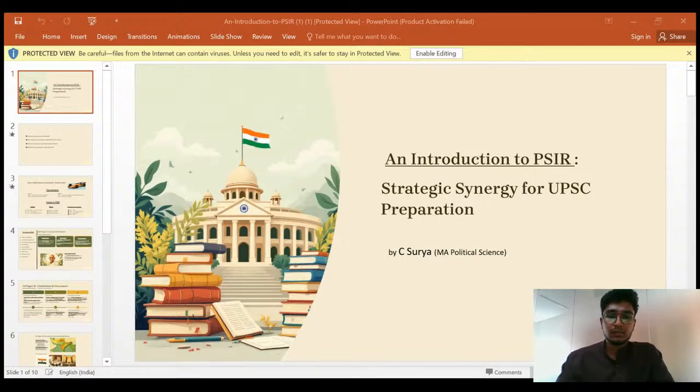With respect to trends in PSIR, in recent times we have a lot of data which shows that PSIR has become an advantageous optional paper. In prelims, under the Indian polity topic, you will get around 12 to 15 questions every year on an average.